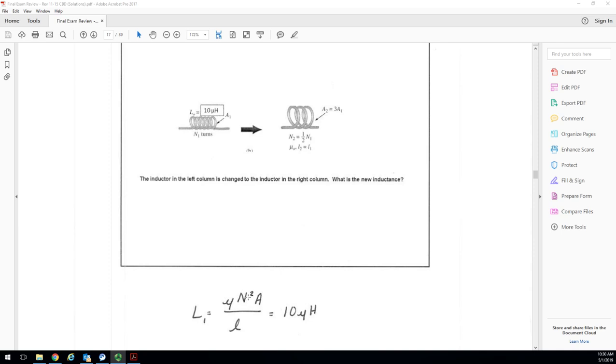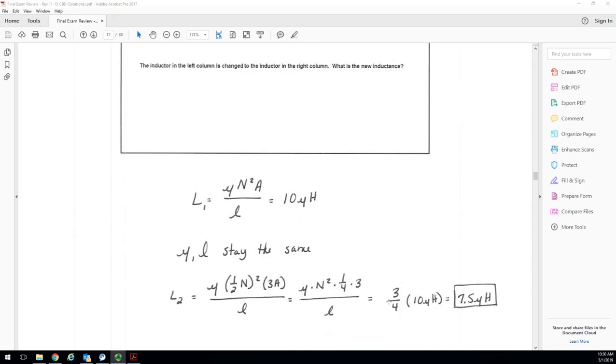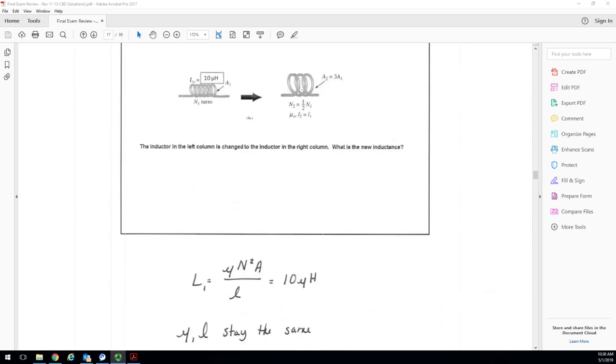So that means basically multiplying it by 1/4. And the area is tripled, so we're multiplying it by 3. So it's essentially multiplying our 10 microhenries by 3 over 4, because we're halving the number of turns. So we would have 7.5 microhenries for our second coil there.